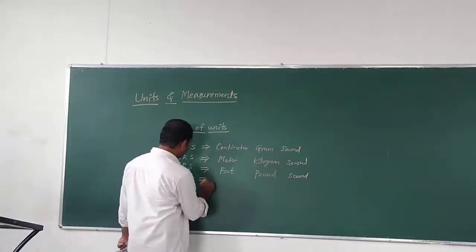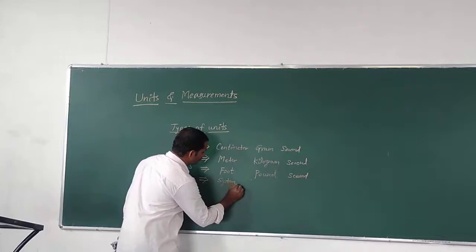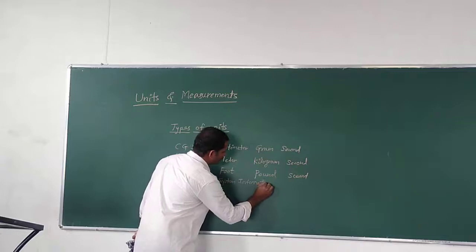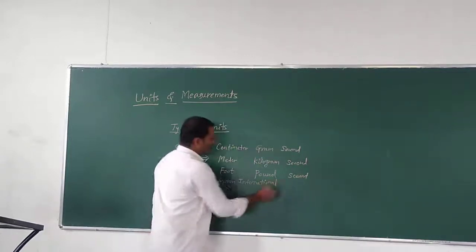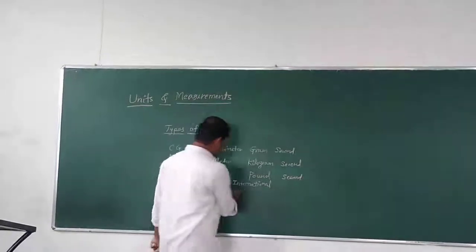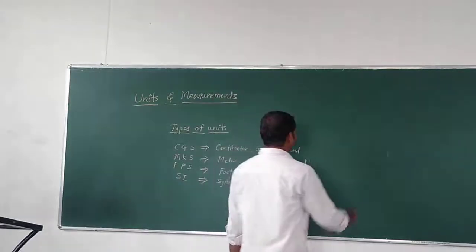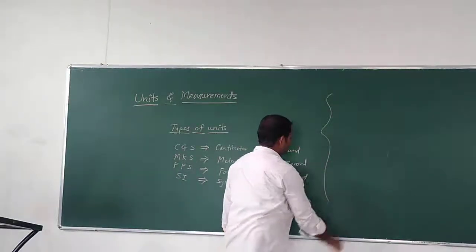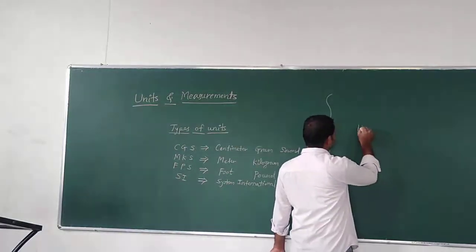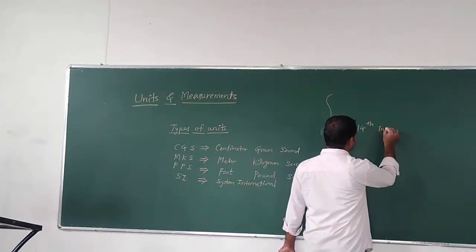And last one is System International. So what is System International? In 1971, world scientists or physicists, they have organized the 14th International Conference.